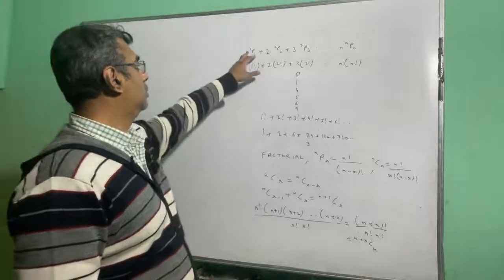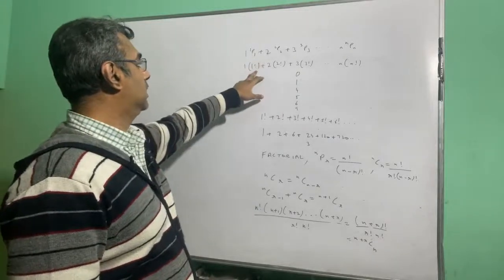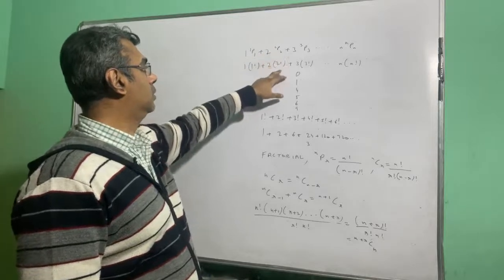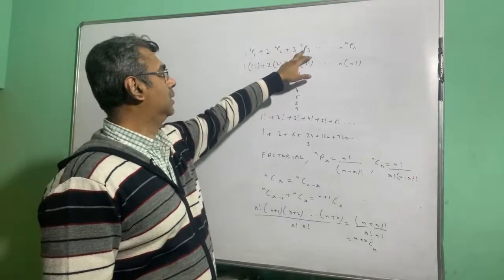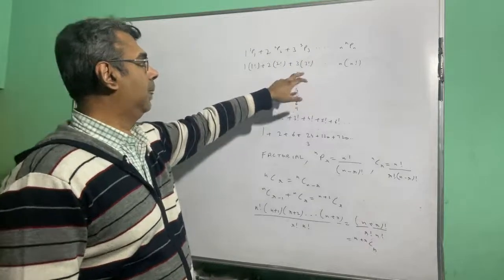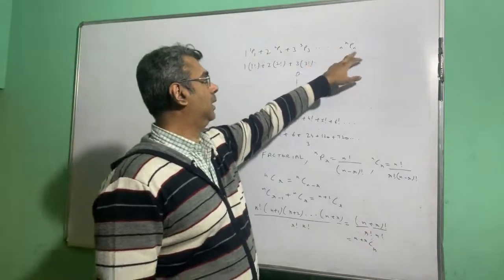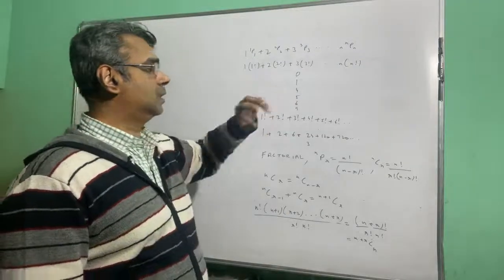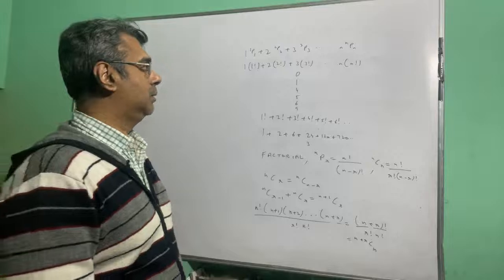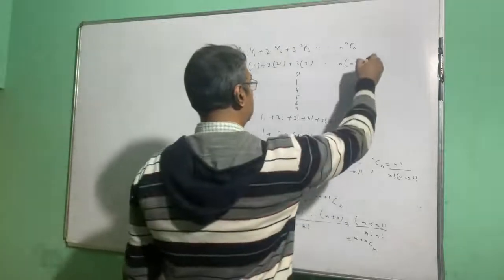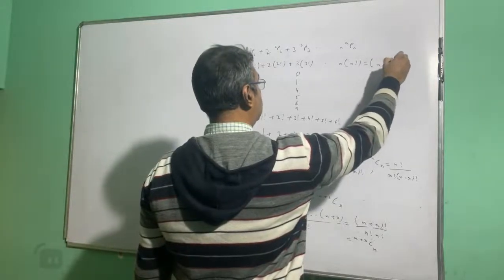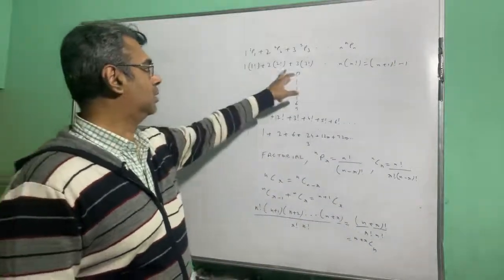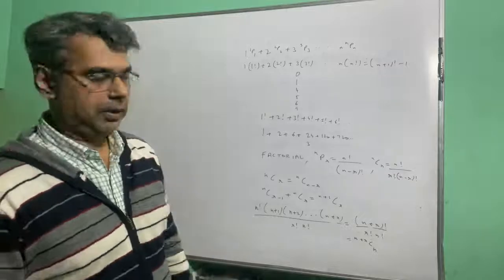So 1 into 1P1 is basically 1 into 1 factorial, 2 into 2P2 is 2 into 2 factorial, 3 into 3P3 is 3 into 3 factorial, and n into nPn is n into n factorial, right? This is a very common sum which has come in the exams, and you have to prove that the whole thing is n plus 1 factorial minus 1.